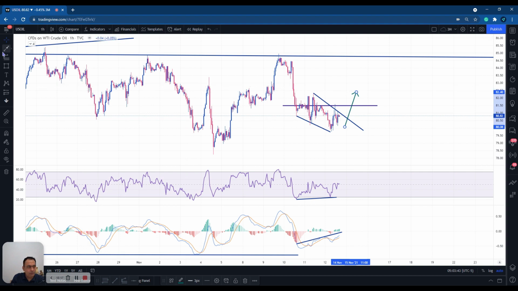Let it come up, hold this point as support, which is 81.5, and then we can target the recent high, which is at least 84.7 or 85, or maybe further.